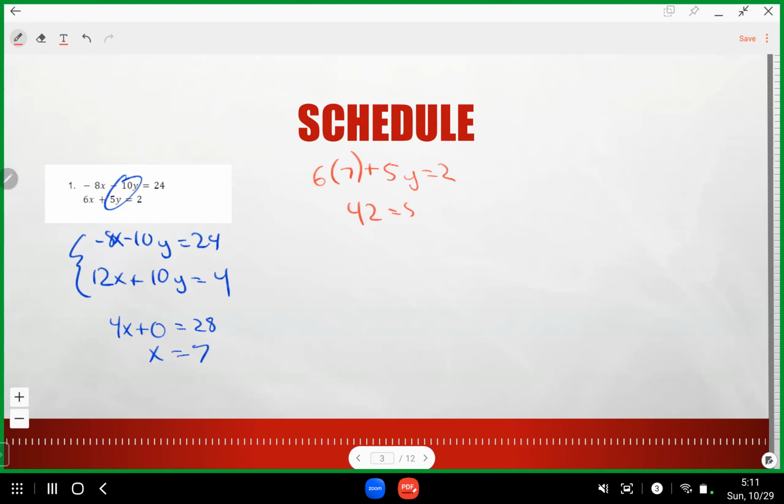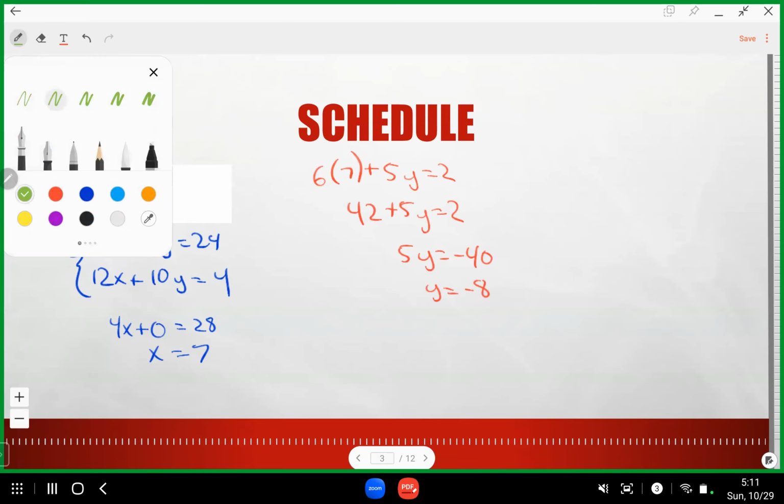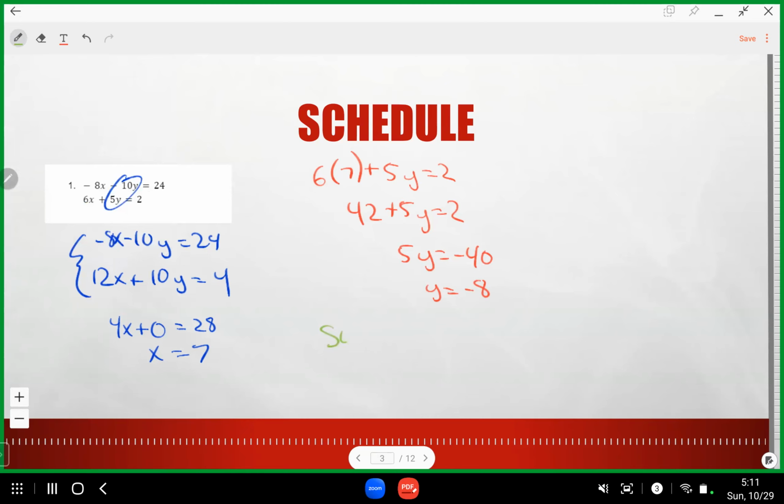So 42 plus 5y is equal to 2, 5y is equal to negative 40, and y is equal to negative 8. So from these, we have the solution, and that is 7, negative 8.